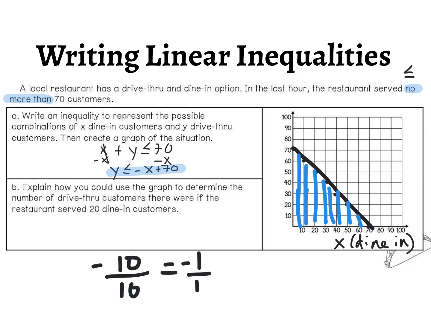And Y represents drive-through. That's just this one that says drive-through. So if I know I have 20 dine-in customers, here's my scenario.